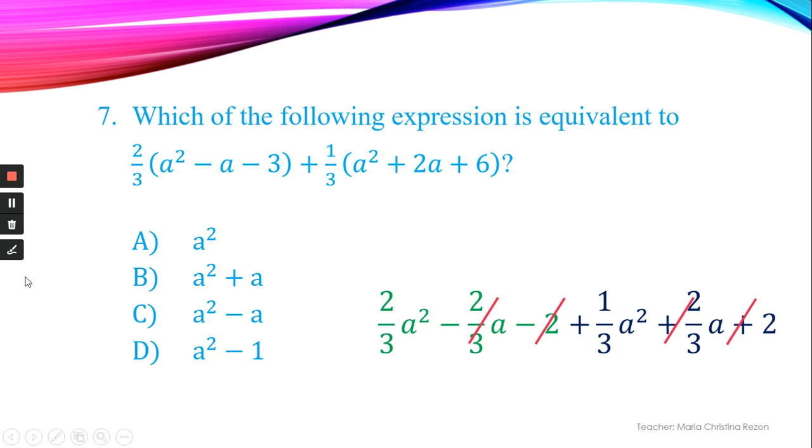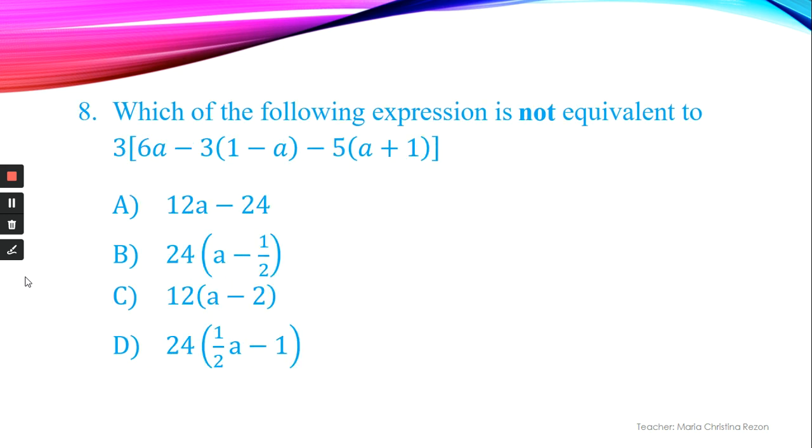Then I still have 3 questions left here. I want you to answer each of these 3 questions, but do not just choose any from the choices here. I want you to solve it so that you can practice how to solve it.